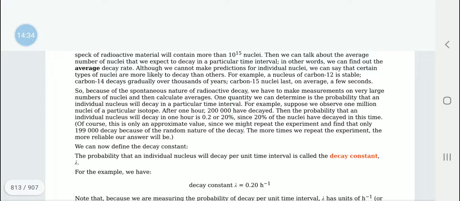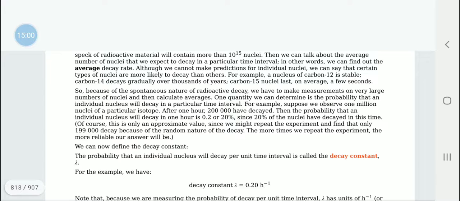So the probability that an individual nucleus will decay per unit time interval is called the decay constant, and unfortunately we have given the term lambda for that as well. So don't misunderstand this with the other lambdas that we have spoken about. Here the decay constant is lambda.